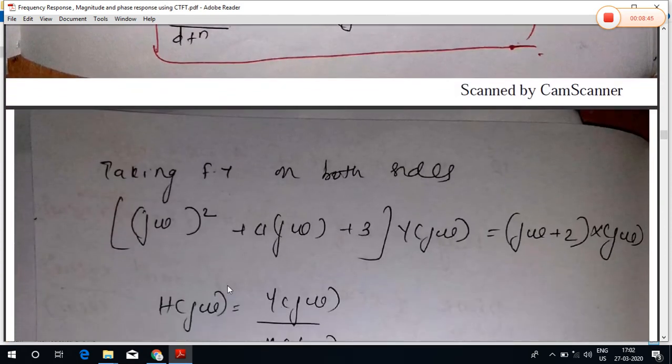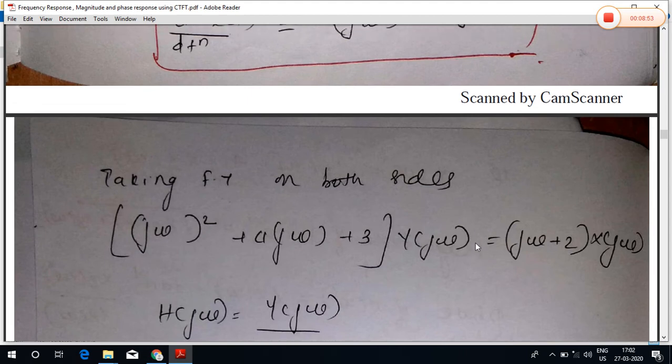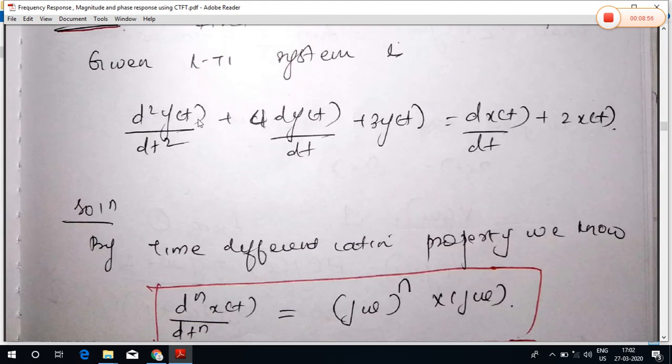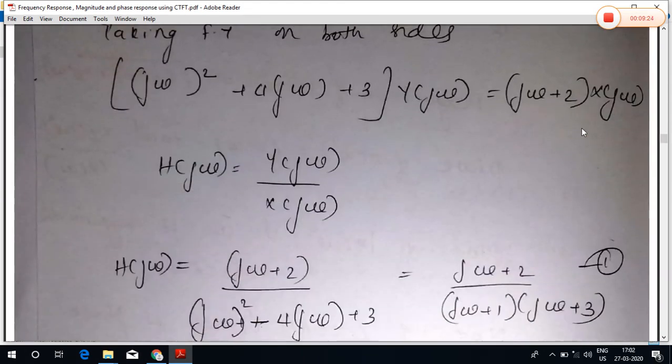Taking Fourier transform on both sides, we get ((jω)^2 + 4(jω) + 3) Y(jω), because the common term in all three terms is y(t), whose Fourier transform is Y(jω). Since it is d^2/dt^2, it becomes (jω)^2, because jω raised to n, where n is 2 here, and in the next case n is 1, so this is 4 into jω, and this is just 3 into Y(jω). On the right side it will be jω raised to 1 into X(jω) plus 2 into X(jω), so X(jω) is taken outside.